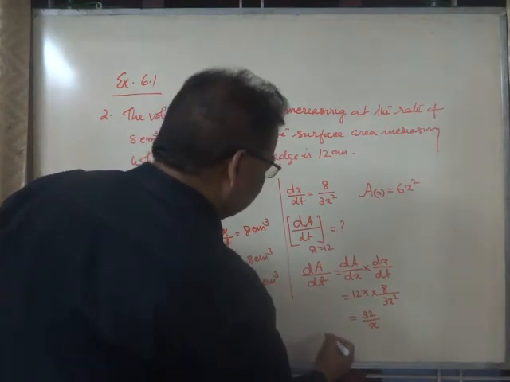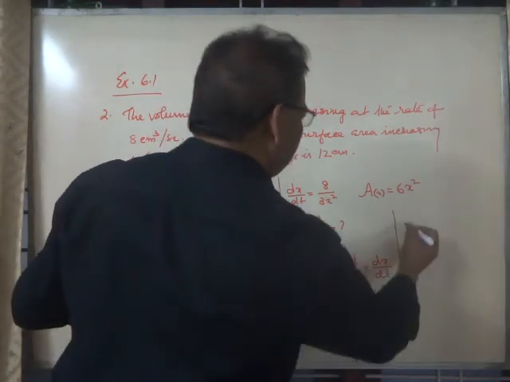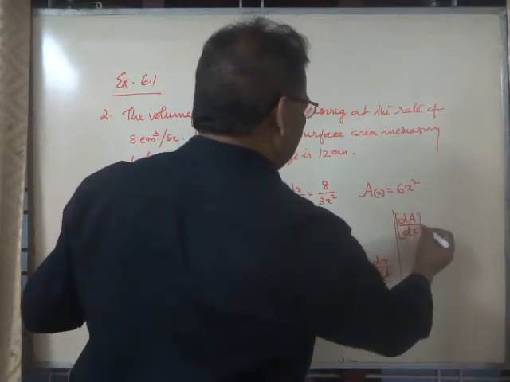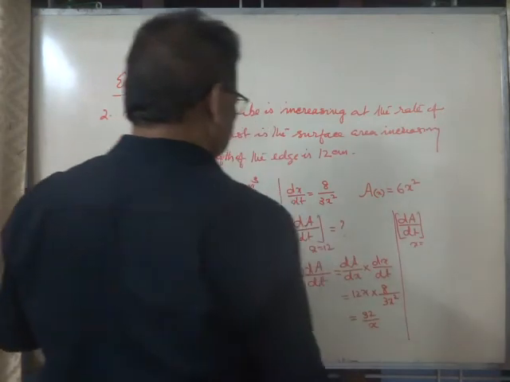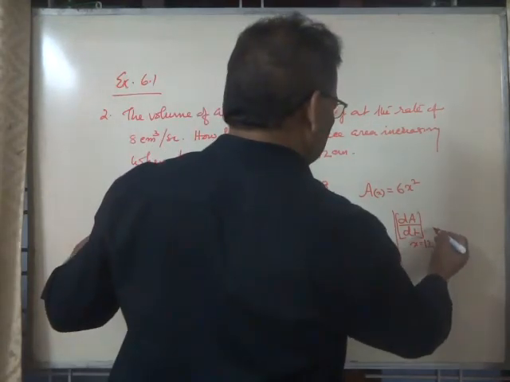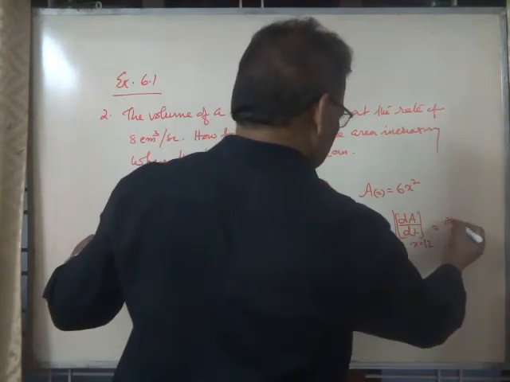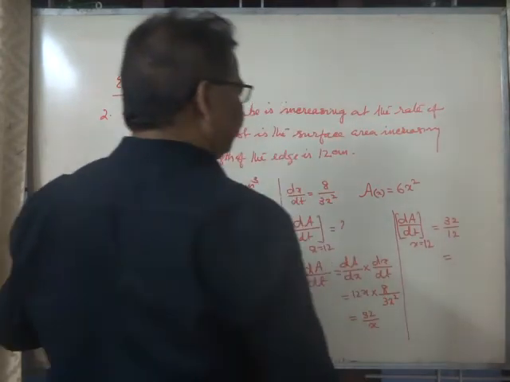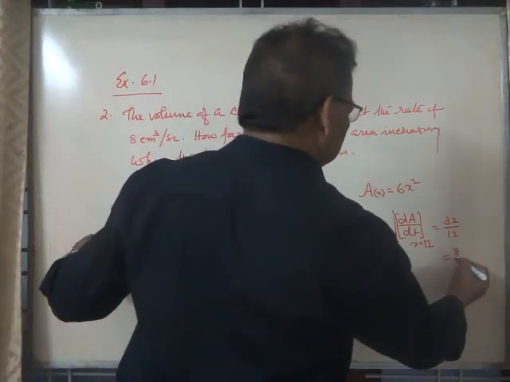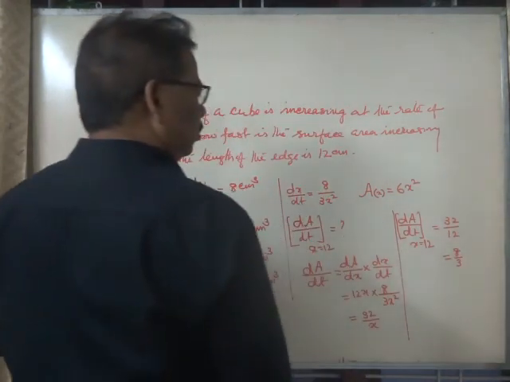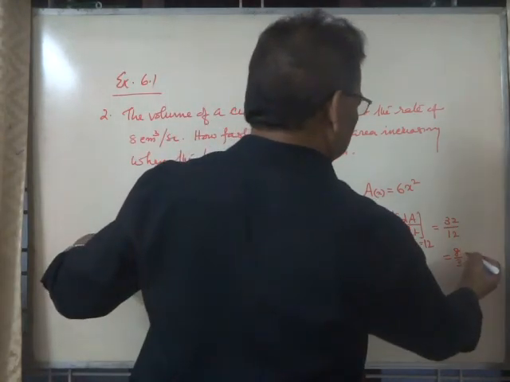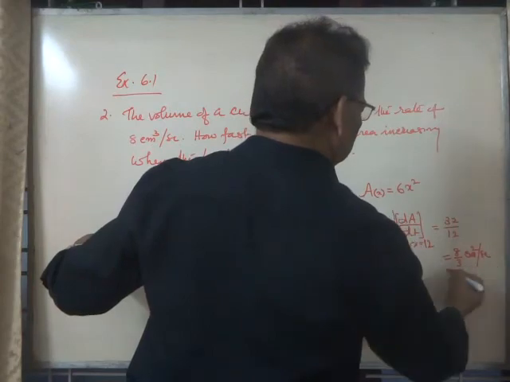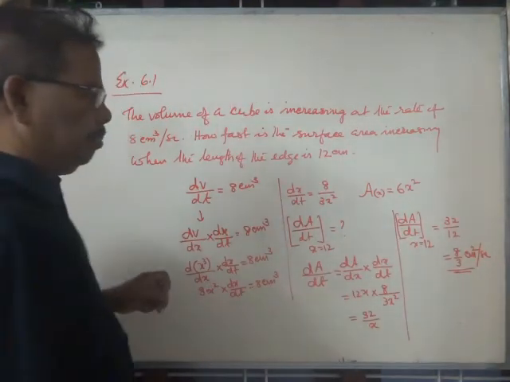Now dA by dt at x equals 12 is equal to 32 divided by 12. That's equal to 8 by 3 centimeter square per second.